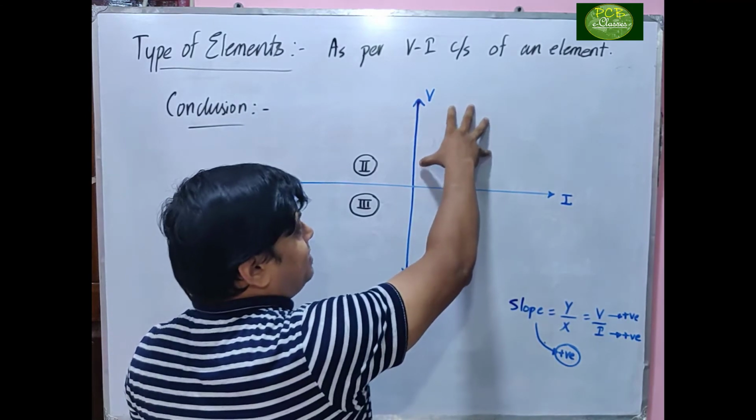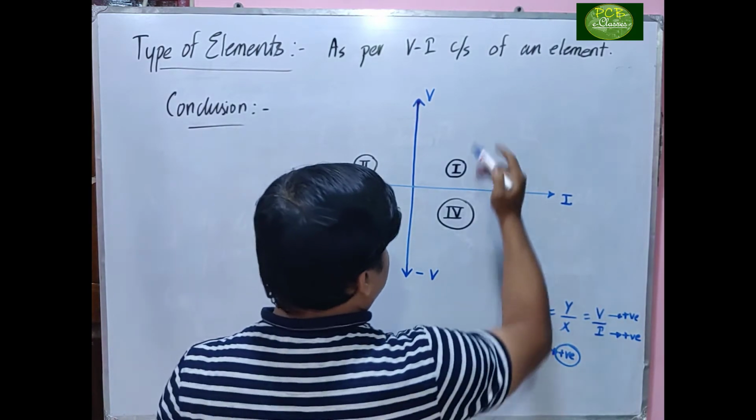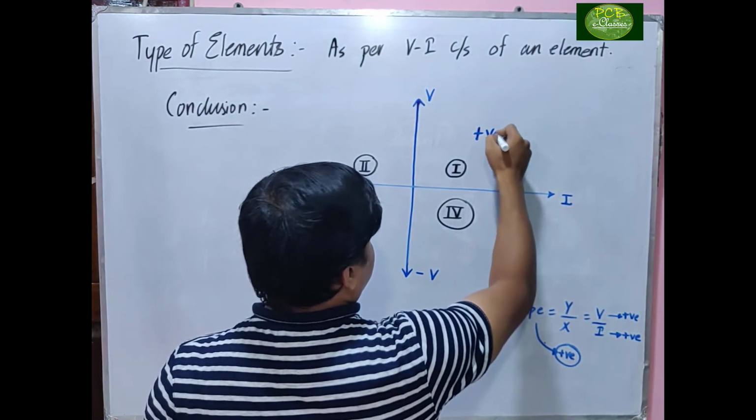Whatever characteristic is present in the first quadrant, its slope will always be positive in nature.